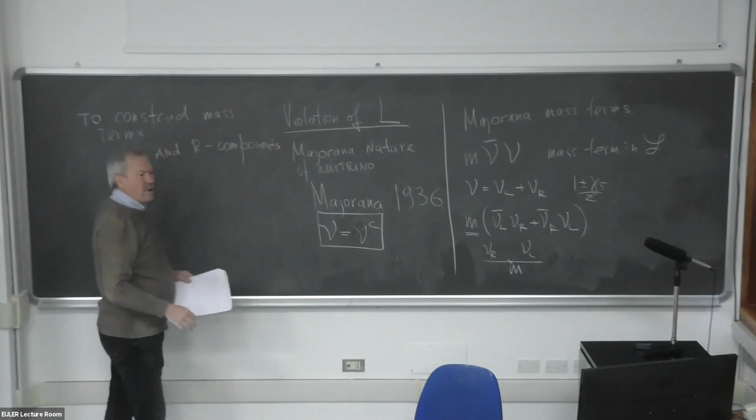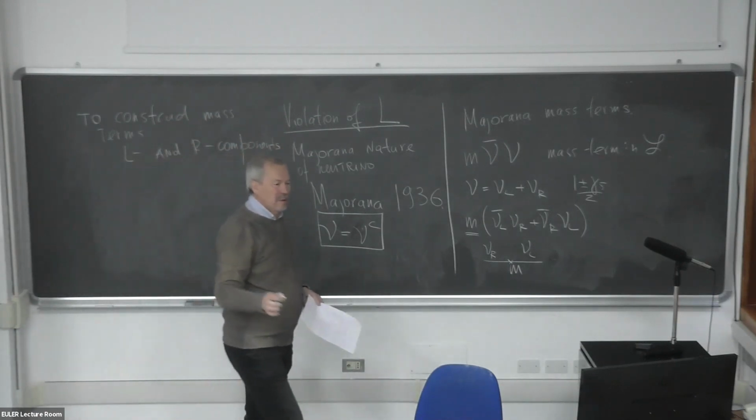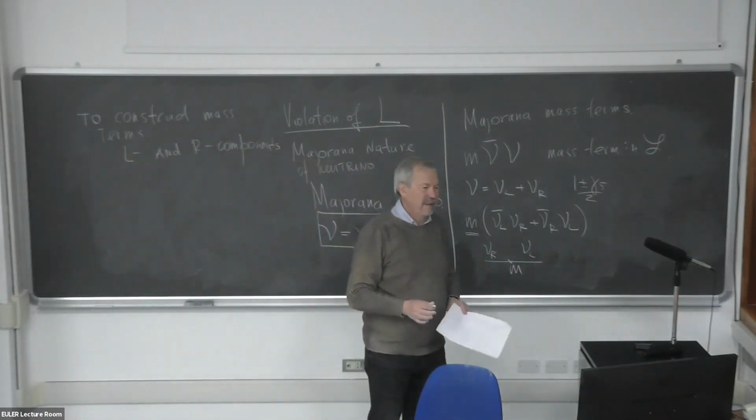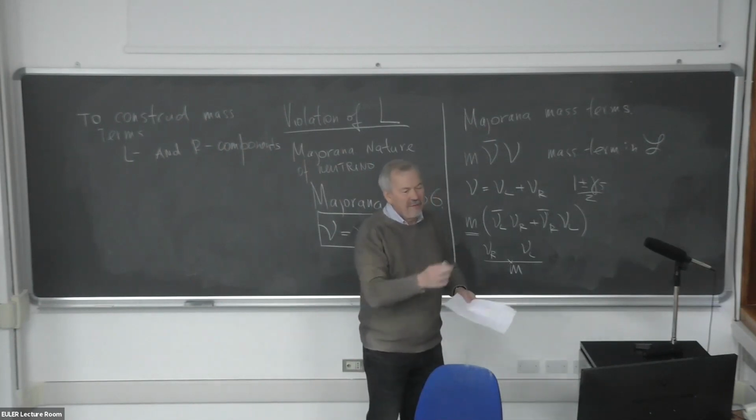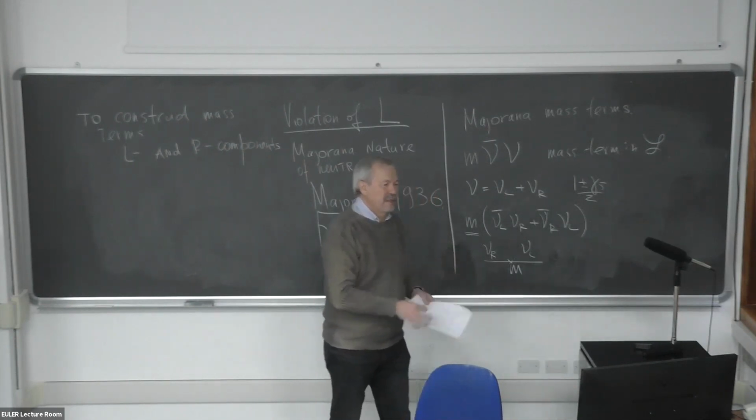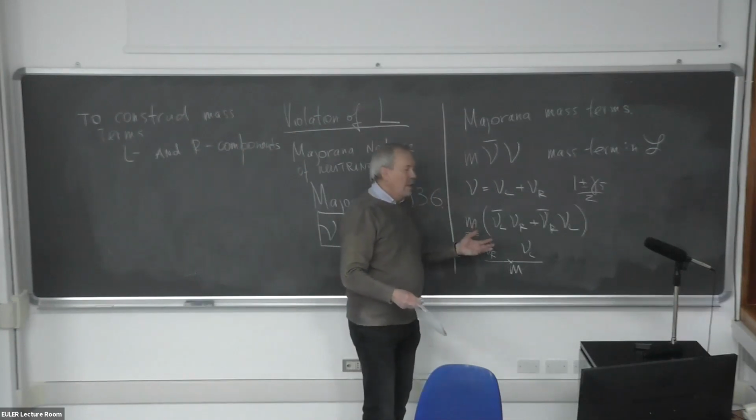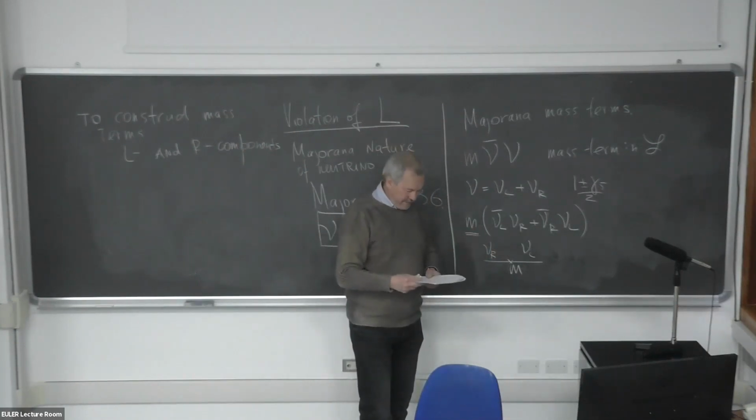The same is true for all fermions: for electron, muon, quarks, for everybody, right? So if you have a Dirac fermion, or any fermion, to have a mass term, you need to cook it from left and right components.